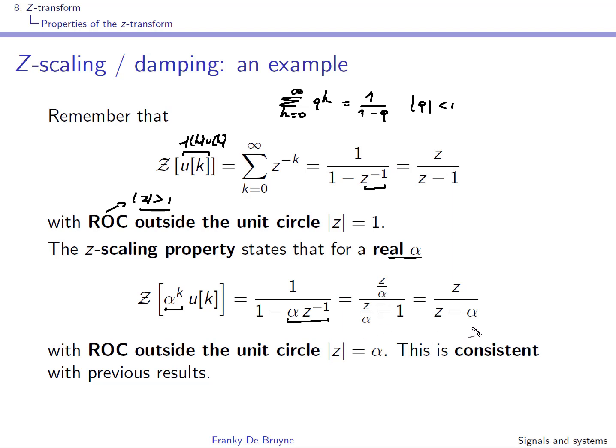And you see that in both cases you obtain what is expected. Also, the region of convergence has to be multiplied by the modulus of alpha. Here alpha is real, so we have a region of convergence that is modulus of z larger than alpha. And this is indeed consistent with the previous results.